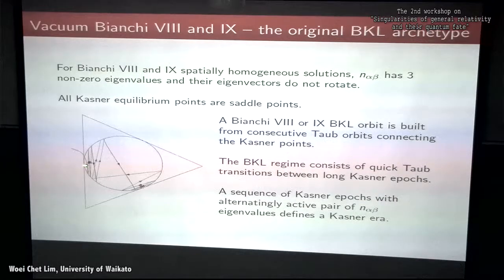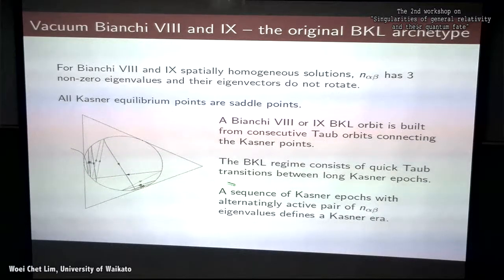You see, for example, over here, there are a pair of blue and green bounces. So let me introduce another terminology here, Kasner era. So when a pair of n's eigenvalues are active, you have one Kasner era.